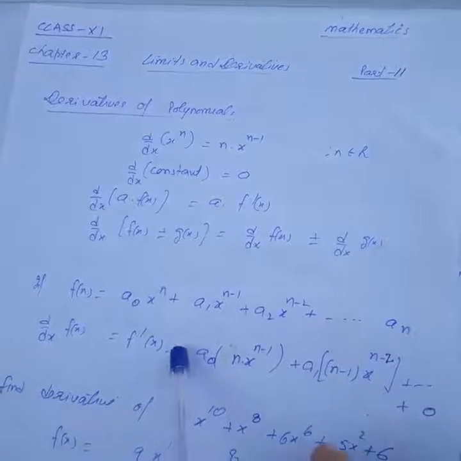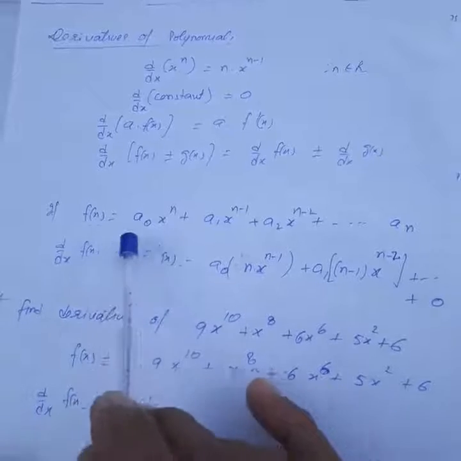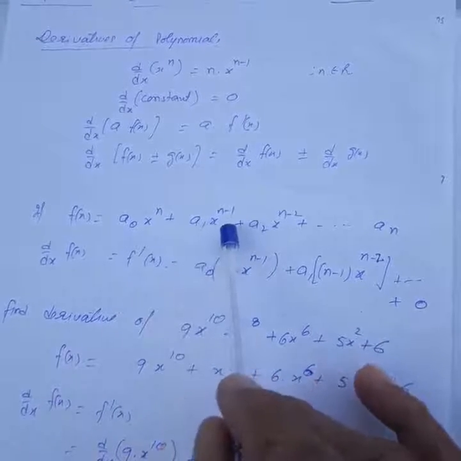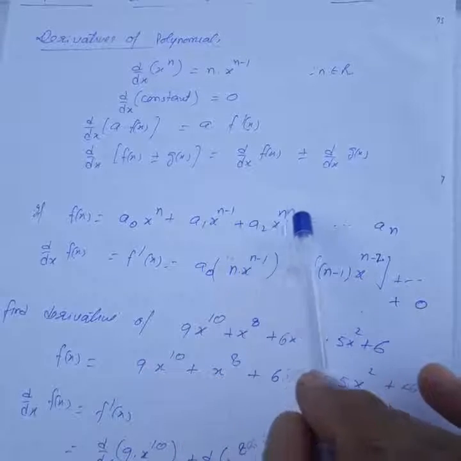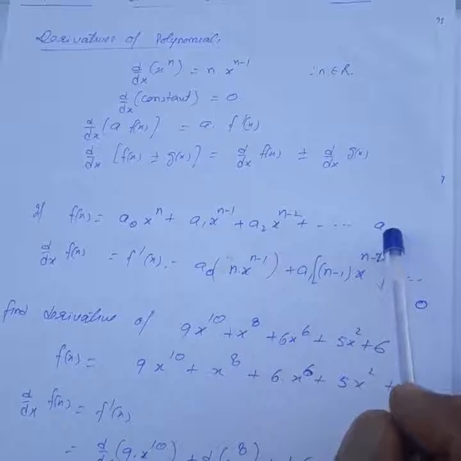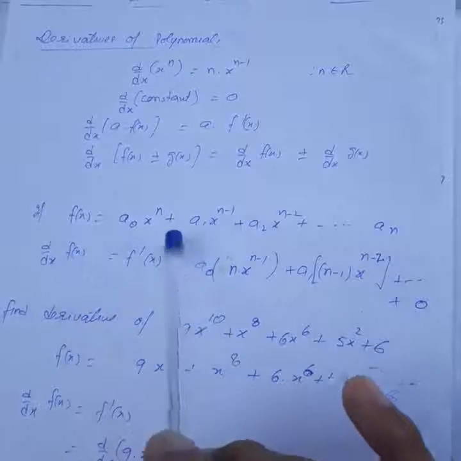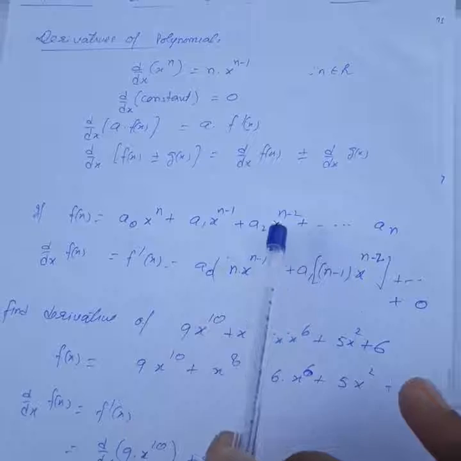Now if it is a polynomial, you consider f(x) as a polynomial: a0 x^n, a1 x^(n-1), a2 x^(n-2), and so on up to an. Now for the derivative of this function, we will differentiate both sides with respect to x.